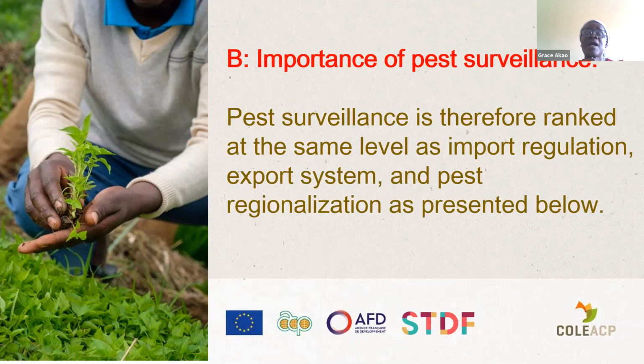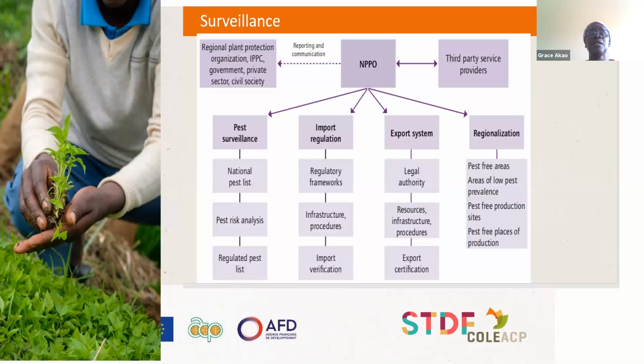Pest surveillance is ranked at the same level as import regulation, export system, and pest regionalization, as presented in the next slide. So you see, and therefore this actually answers for you the drag and drop. You see, you as an NPPO, you are here.